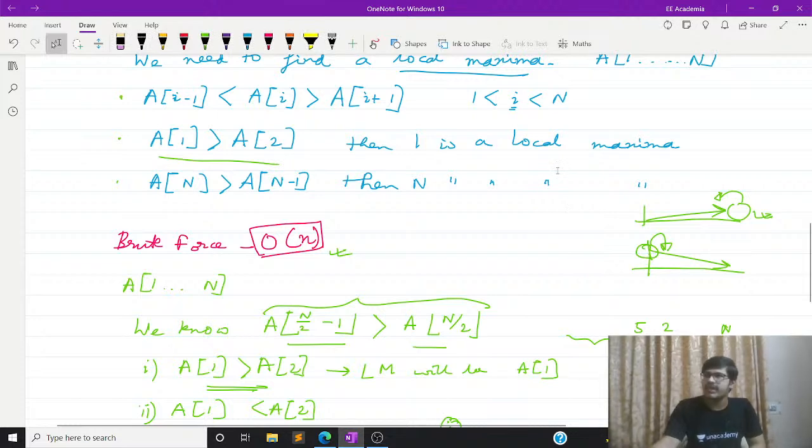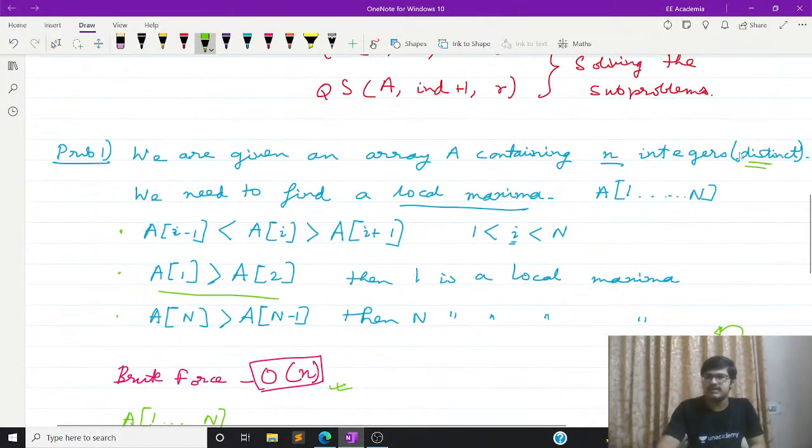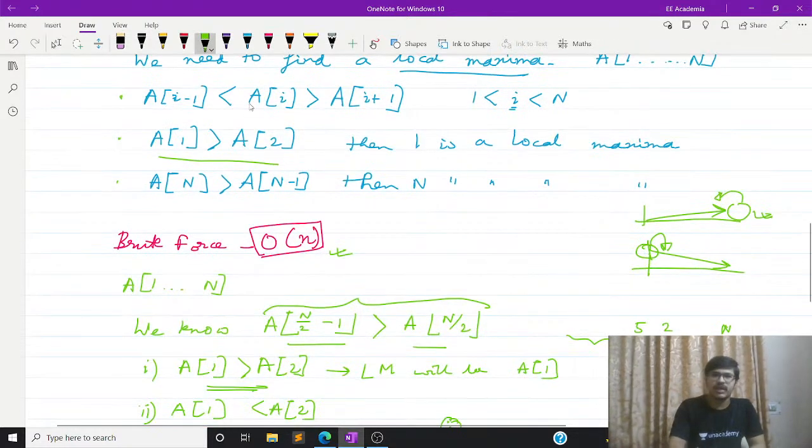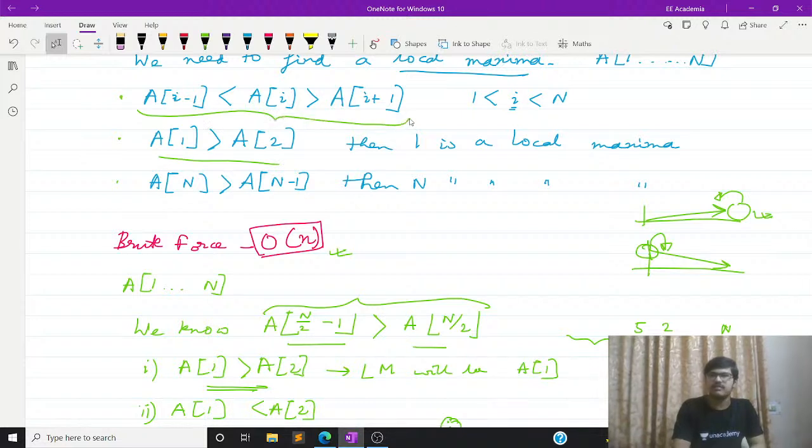Or if that is not the case, since the elements are distinct, there must be one index such that this is satisfied.